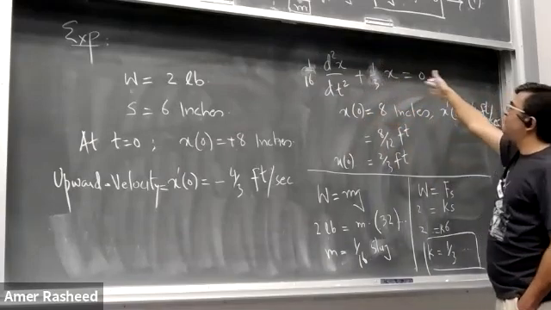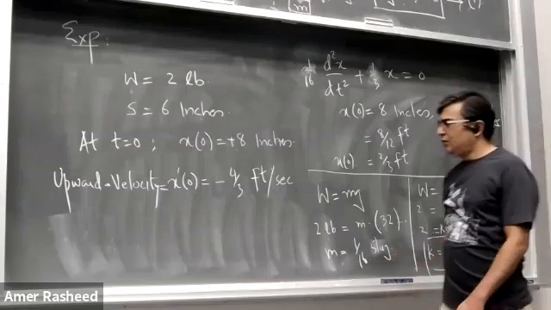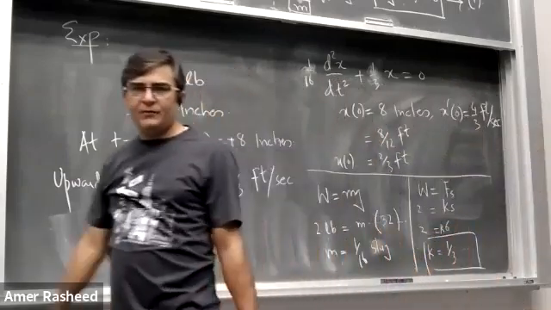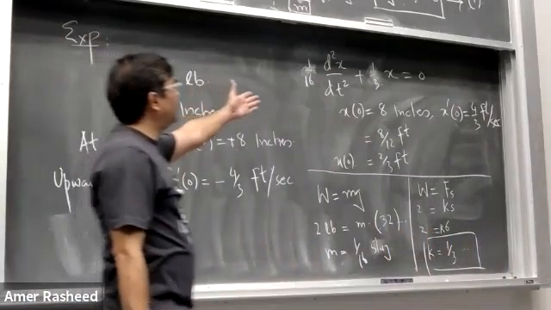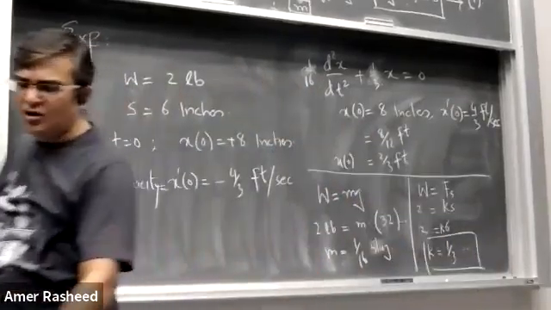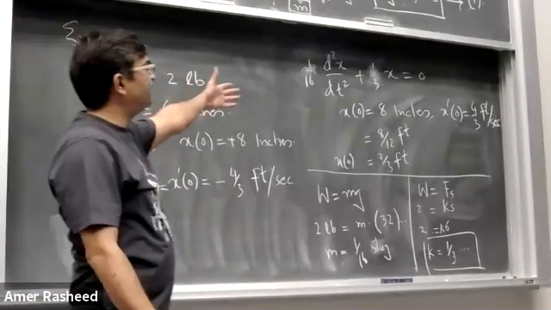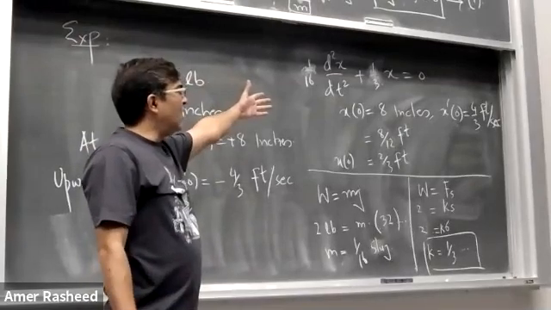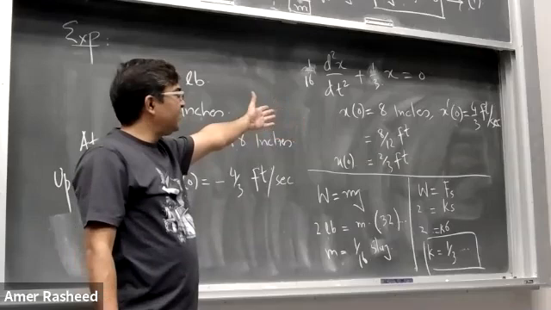You can solve this differential equation along with these initial conditions and you'll get x of t. I hope you can do it, because this is a simple second order differential equation with constant coefficients. After solving it, you have to find the values of the unknown constants as well, C1 and C2.